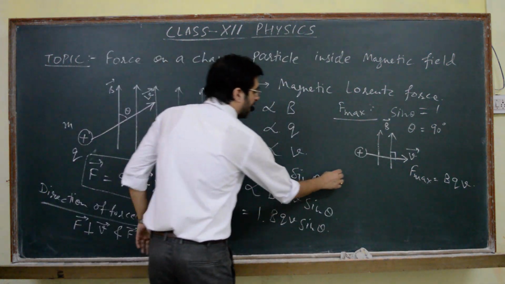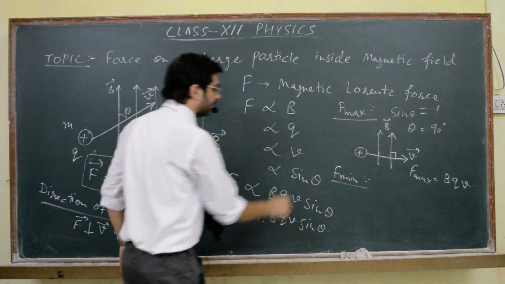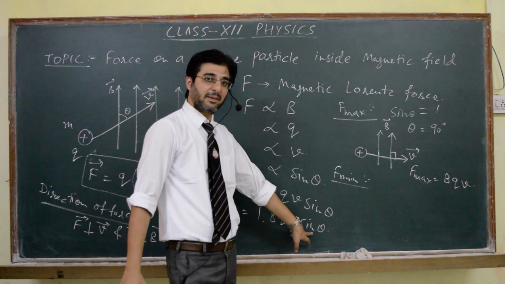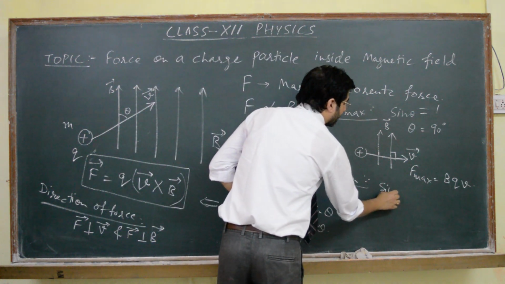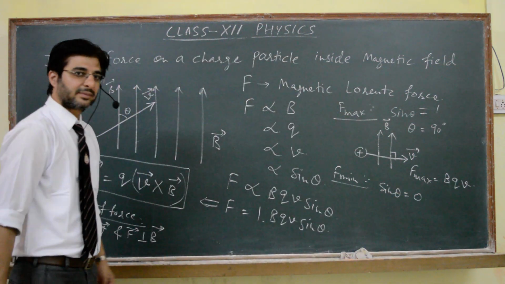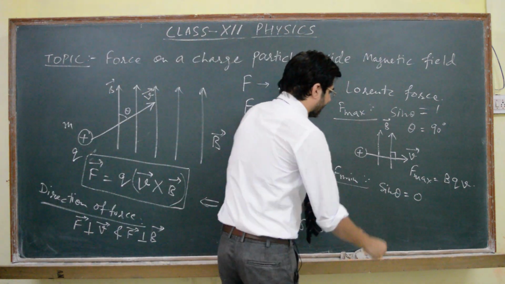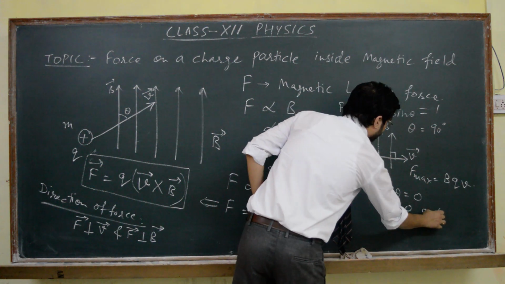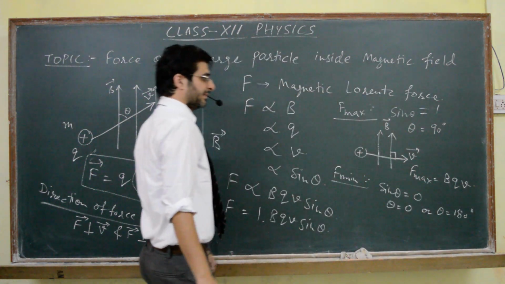And if we talk about the minimum force, when will this force be minimum? The force will be minimum when sine theta is minimum. The minimum of sine theta is 0, which happens when theta is 0 or theta is 180.